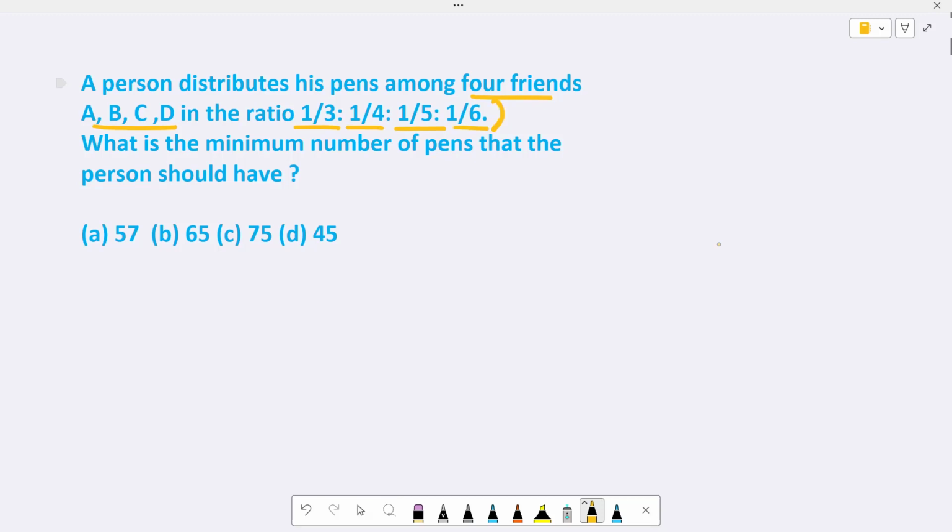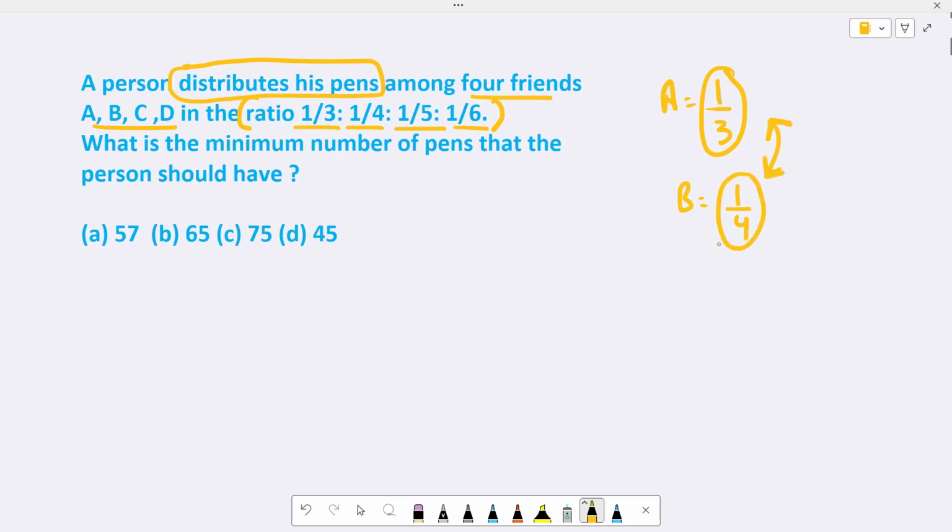See, what is important to understand is that the given ratio is the ratio in which the person distributes the pens, which means that if A receives 1 upon 3 of a particular quantity of pen, then B will receive 1 upon 4. So ratio is always in a relation that we have been discussing till now.